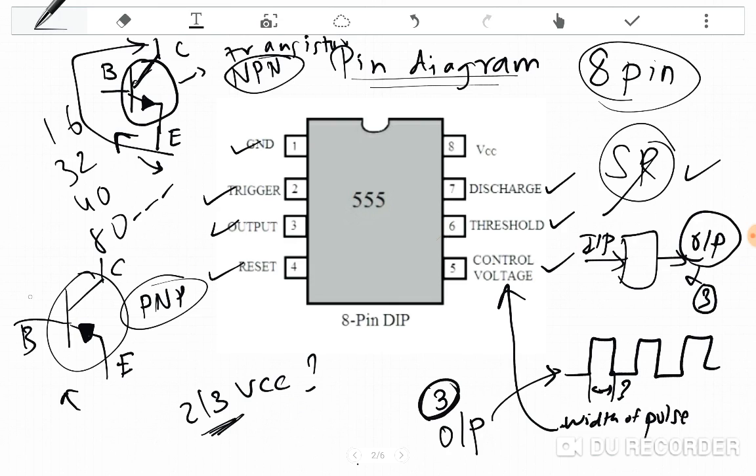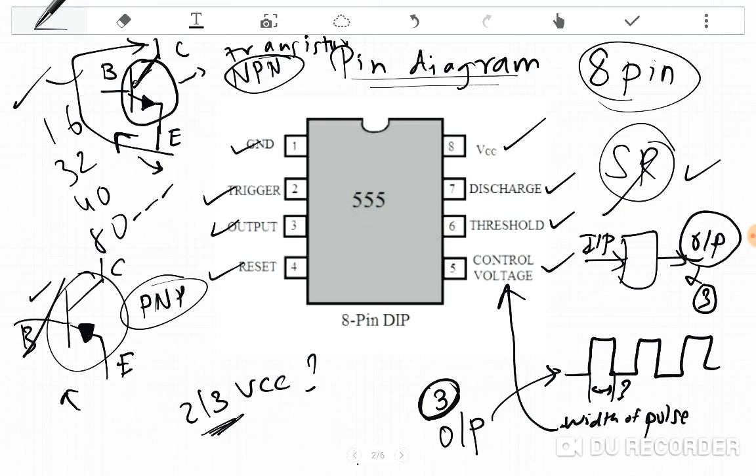That's perfect. So now you're a champion of electronics, doesn't matter which department you come from. Now you are a champion in identifying transistors. So if anyone asks you these two questions in an interview, you will be able to answer them very easily. The 8th pin now is the VCC pin.